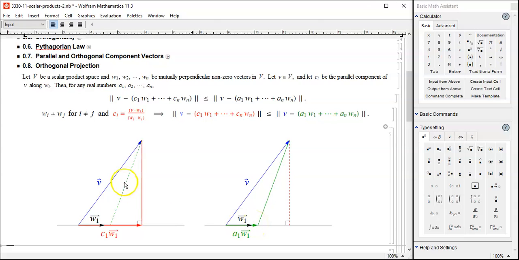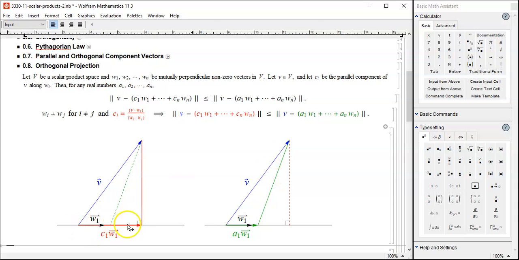Now, what's the difference? The difference between the tip of this blue and this tip of red is straight vertical, and that's as small as possible. Now, the distance between this tip of blue and the tip of green, which is randomized, is slanted, so it's bigger.